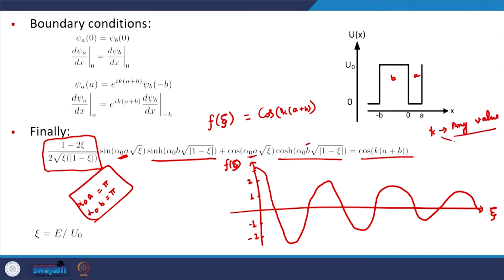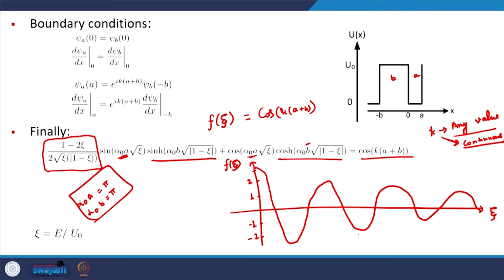So, basically k will have continuous values. Which means this right hand side function for an infinite 1D solid will be a function oscillating between +1 and -1. This can take any arbitrary value between +1 and -1 on the right hand side.